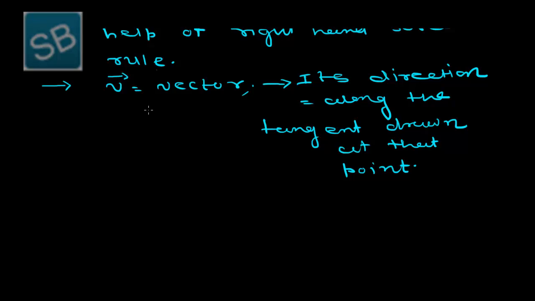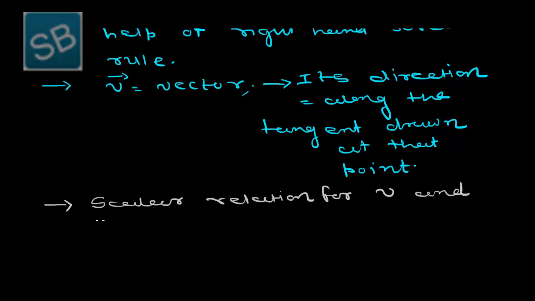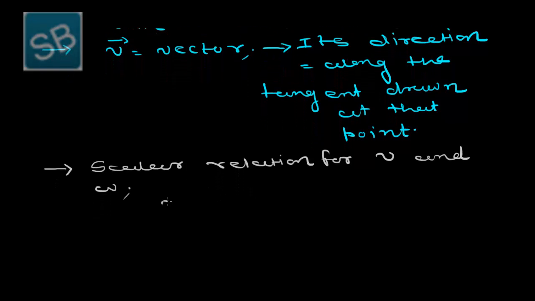So the direction of v was actually determined with this rule. Now we have determined one scalar relation for linear velocity and angular velocity. So I am just recalling the scalar relation for linear velocity v and the angular velocity omega, which was given by v is equal to r into omega.